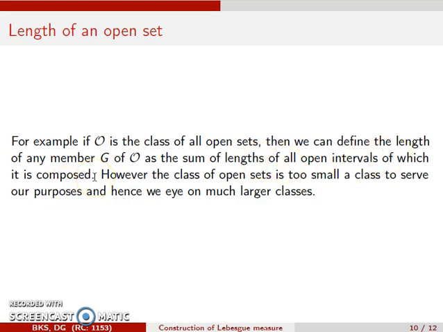Because every open set of R is a countable disjoint union of open intervals, this definition of length of Z appears to be consistent. However, the class of open sets is too small a class to serve our purposes, and so we keep an eye on much larger classes of subsets of R.